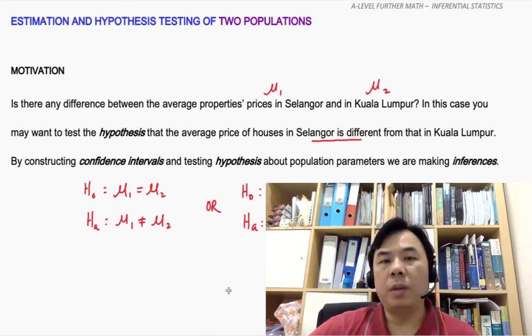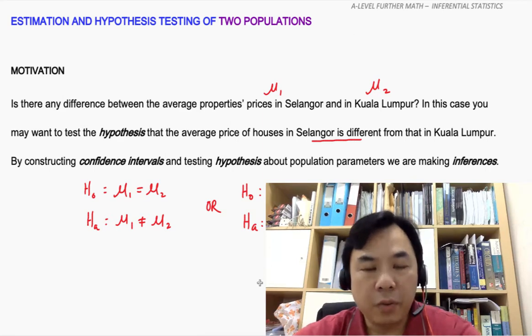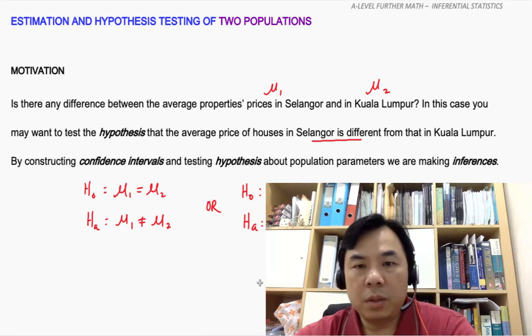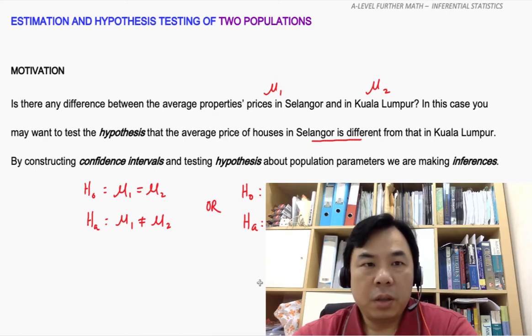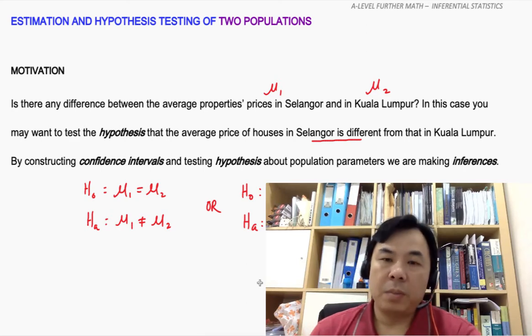So whichever format you prefer, both of them represent the same objective: we want to verify whether the average property prices between houses located in Selangor and Kuala Lumpur are different or not. Now that gives you a brief introduction as to where hypothesis testing for two populations came about.